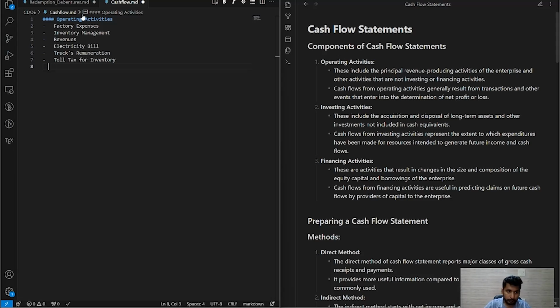Basically, in general terms, all the transactions which are a part of the trading account are considered as my operating activities. Operations here means the day-to-day operations of a business entity.